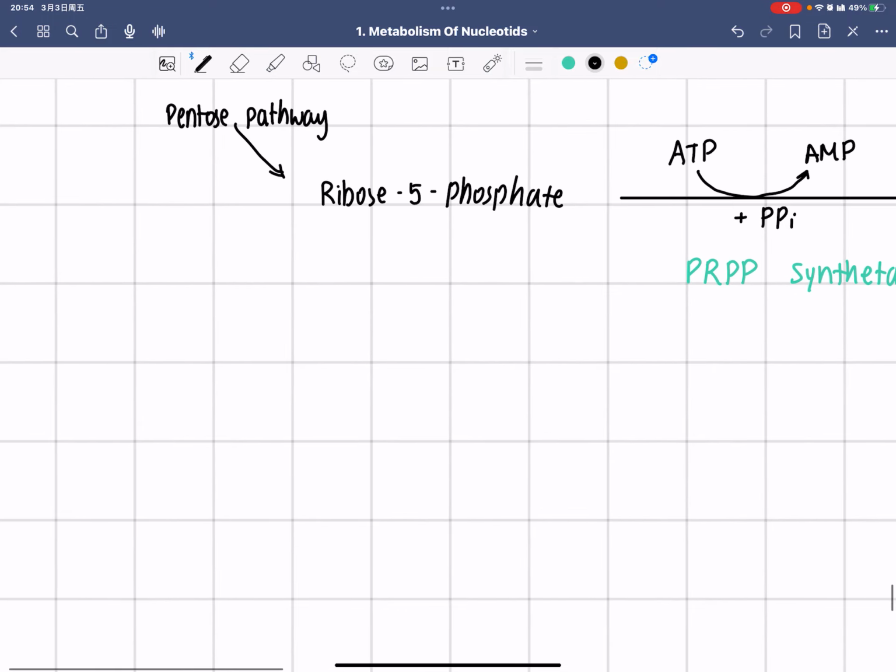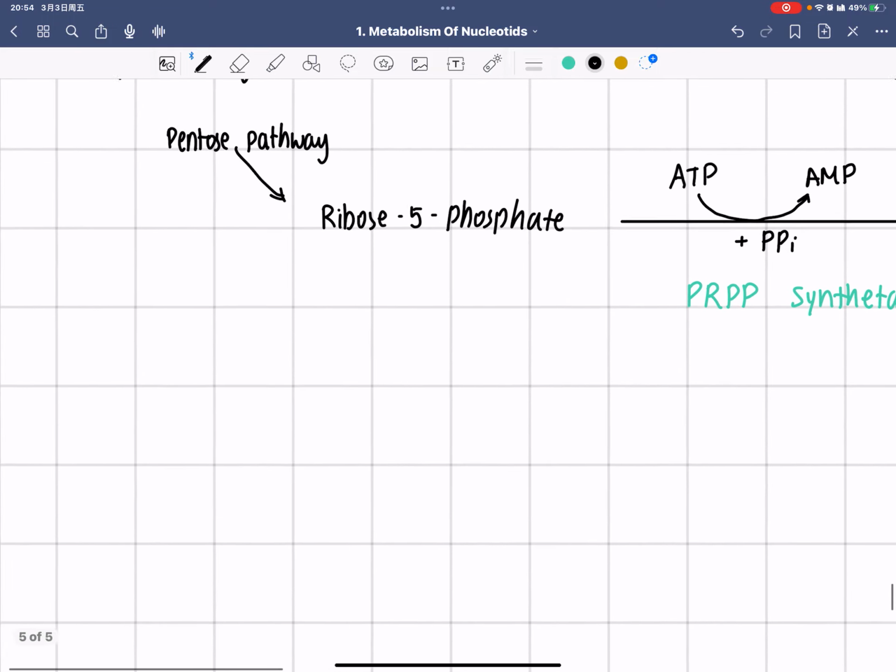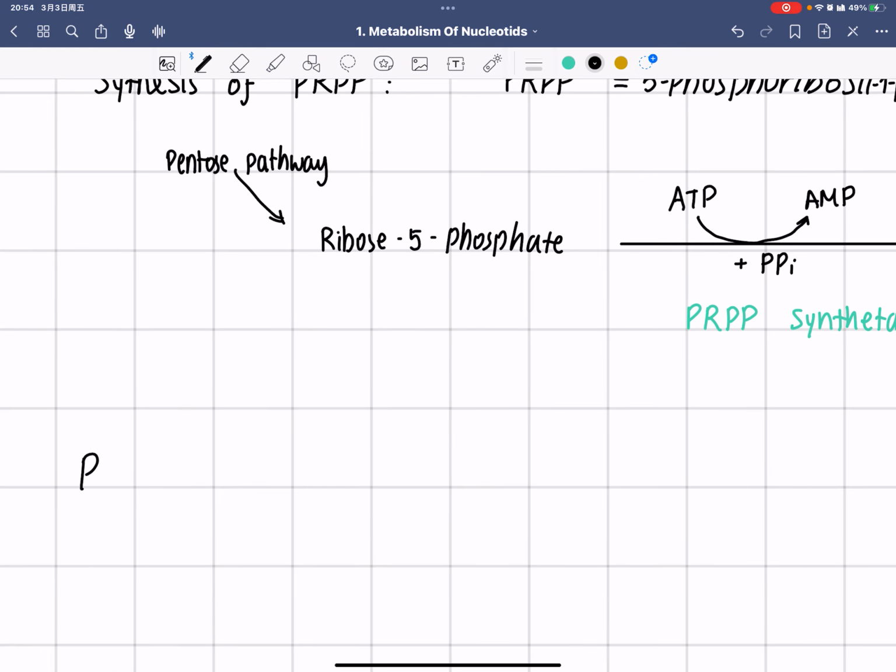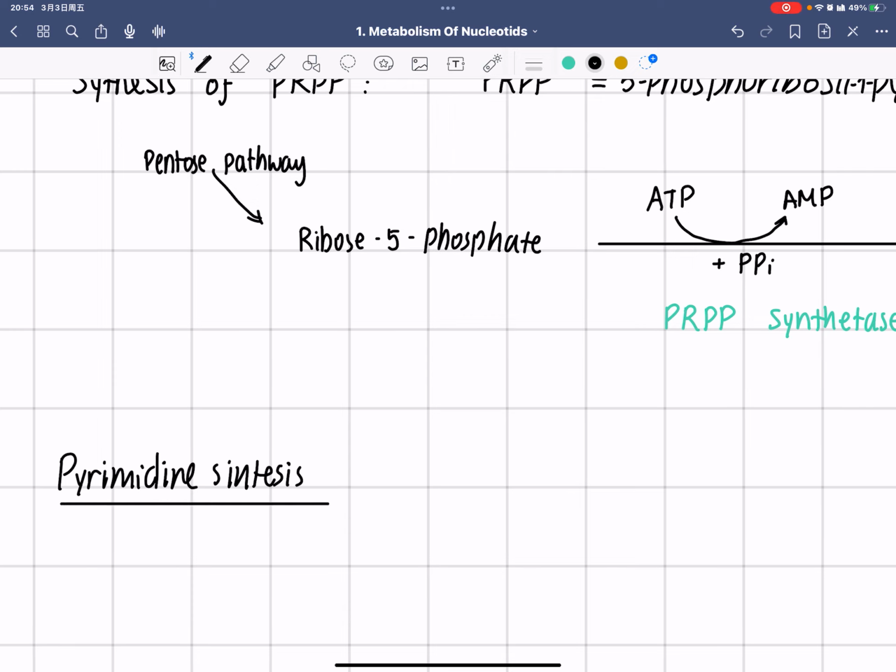So now, let's move on to pyrimidine synthesis, de novo.